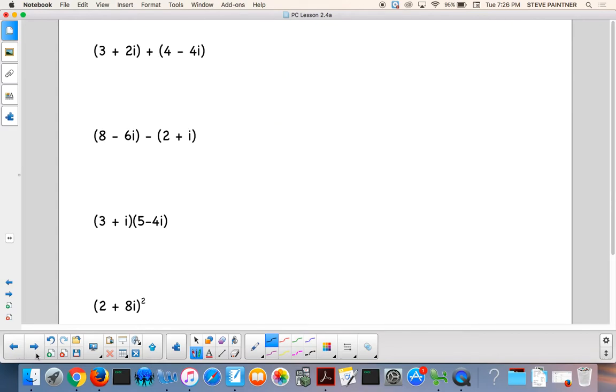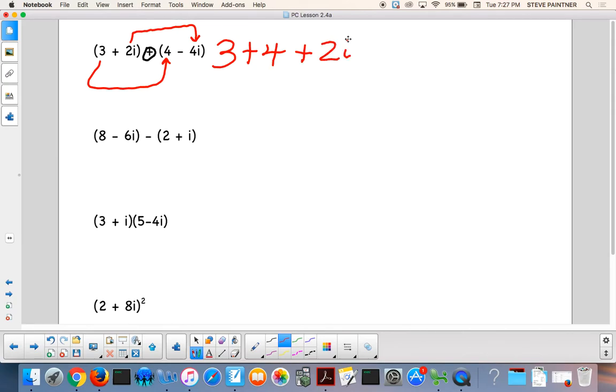You have addition, you have subtraction, you have multiplication. Okay, when adding, you add like terms. So you're looking for real parts to be added, and then imaginary parts to be added. So to me, this says 3 plus 4 plus 2i plus negative 4i.